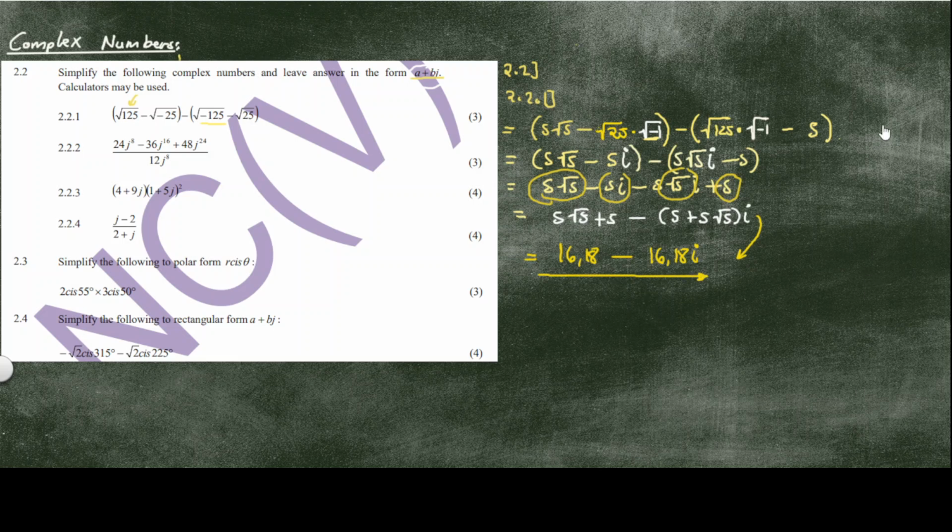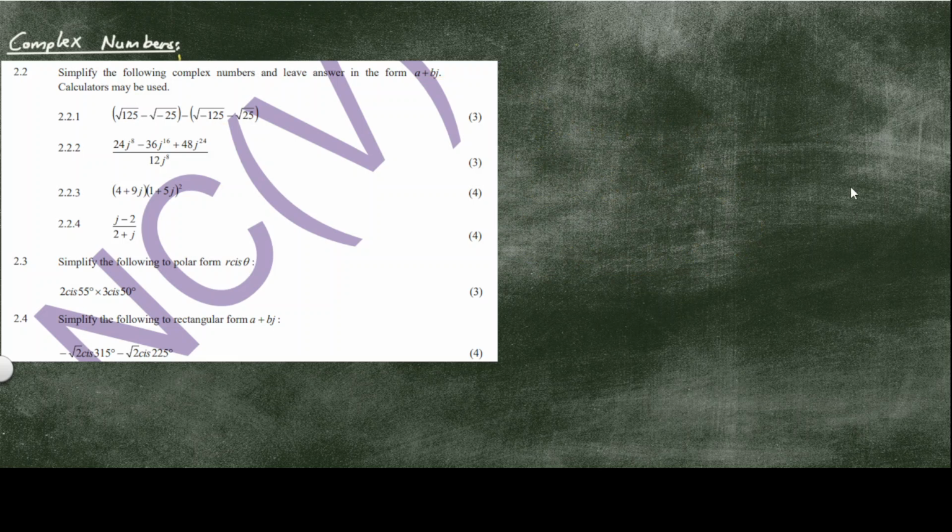I see. All right, let's move on to the next one. So for this one, we have to use i properties to simplify again. So I have the 24, I have i raised to exponent 8. I have to say i squared, outside the bracket I'm going to have a 4.